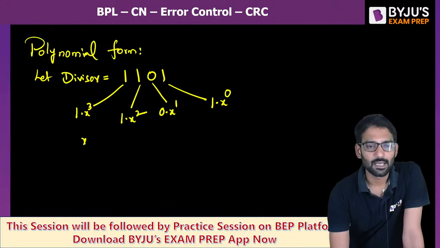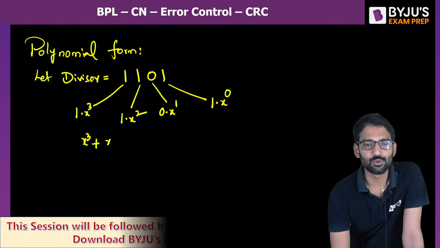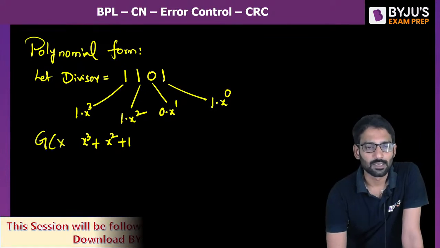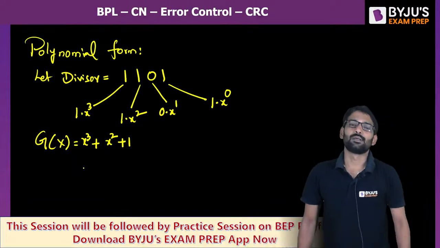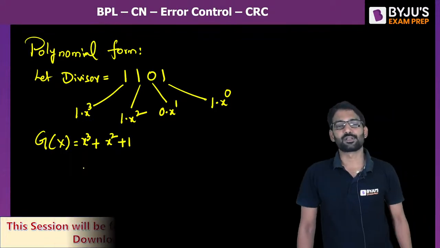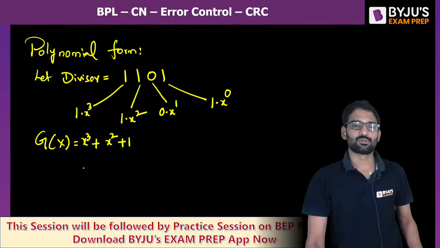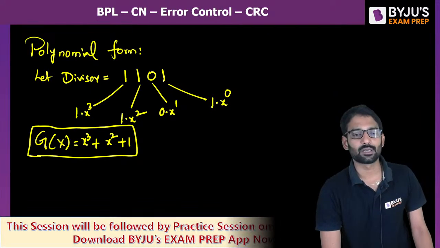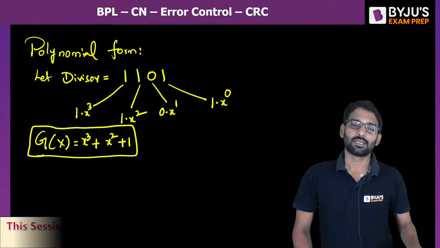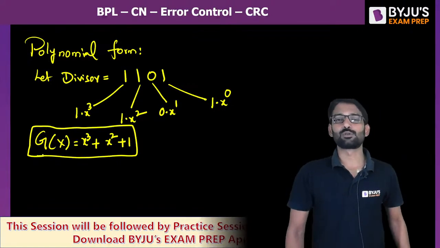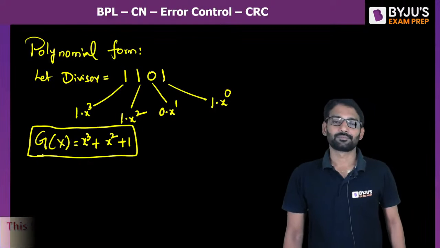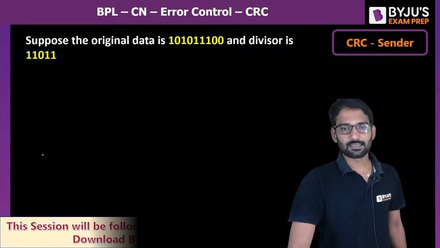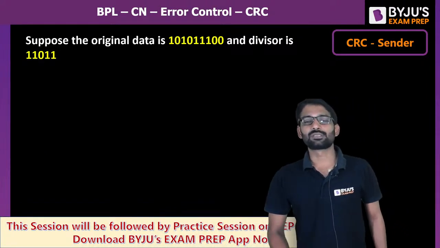That means it is represented as x cube plus x square plus 1. So let the divisor function be g of x. So g of x is represented as x cube plus x square plus 1. This we will convert to binary. Understood?